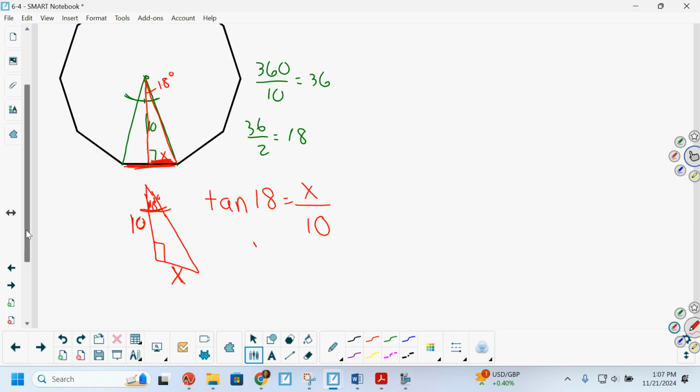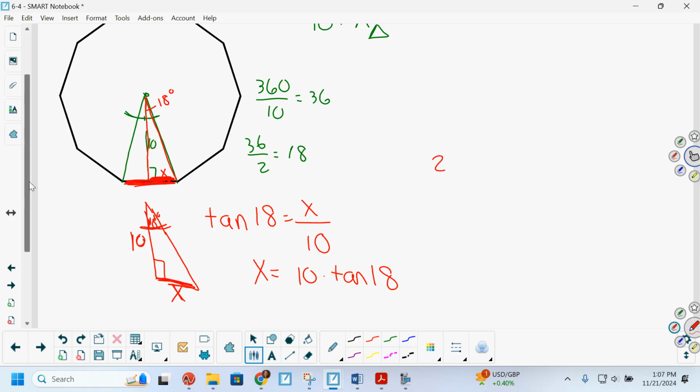So that means my base of this triangle right here is 10 times the tangent of 18. But that's only this piece right here. I need the whole base, which means I have to double it. So I have 2 times 10 times the tangent of 18, whatever that is, and that's the base of this triangle right here. My height is the 10.